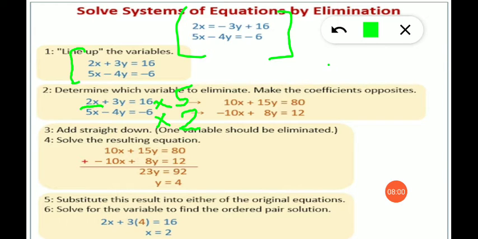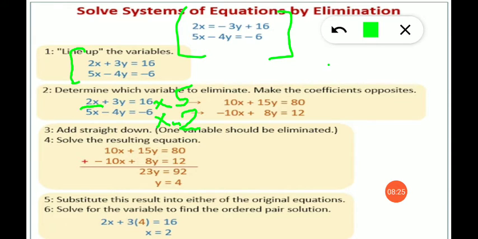But since we want to eliminate, one is positive, one is negative, we want one equation negative, so instead of 2 we can multiply with minus 2 also. Suppose you forgot to multiply with minus 2, don't worry, you multiply with 2, and after that instead of adding you subtract the two equations. Here we are going to add.